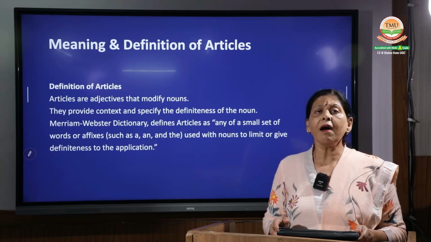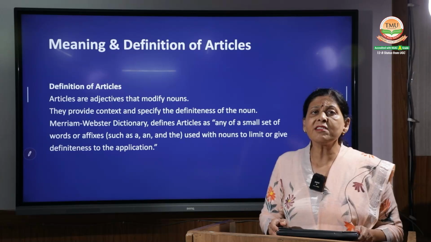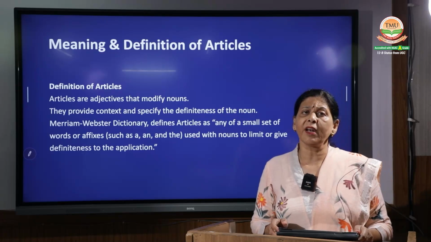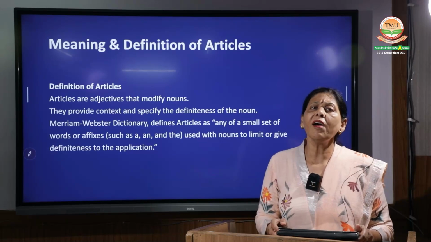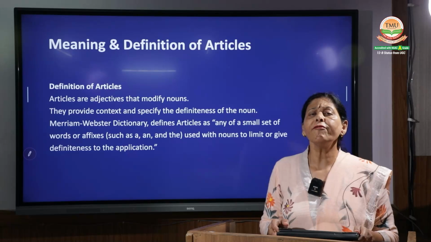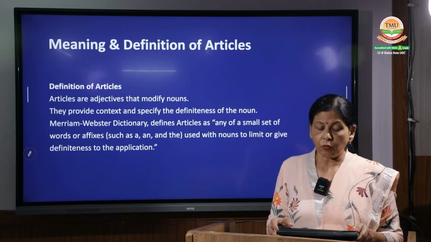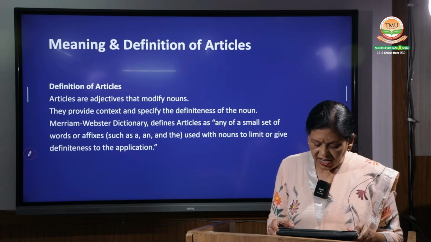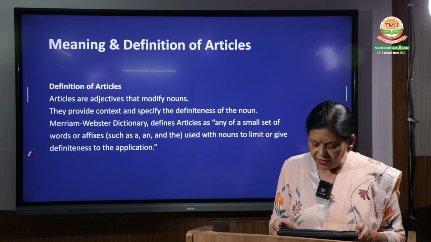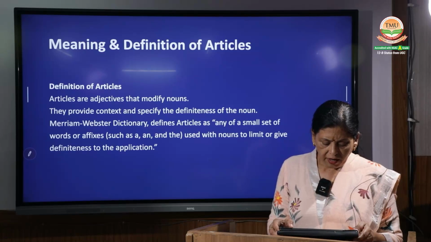But there are some uncountable nouns also, like sugar. Sugar cannot be counted. You cannot just sit and count the grains of sugar. Sugar is measured. Then there is rice. Rice is measured, but it cannot be counted.